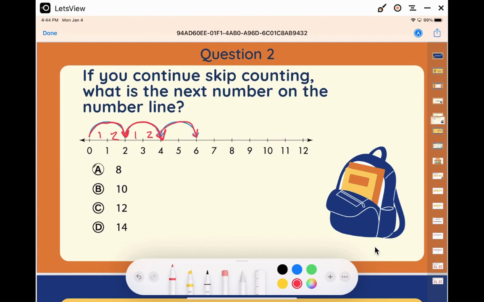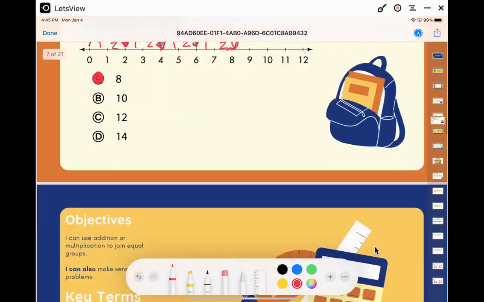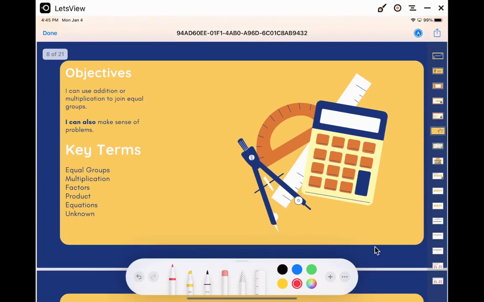That is another 2 spaces. I am sensing a pattern. Each time I hop, I am hopping 2 spaces. So if I hop 2 spaces from 6, I would get to 8. The correct answer is 8. How did you do, guys? All right, well, let's get into today's lesson.